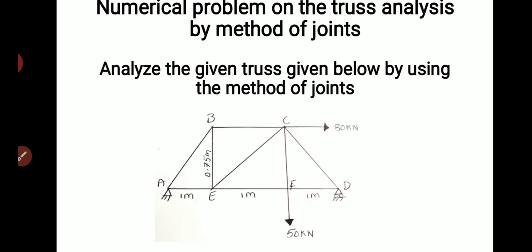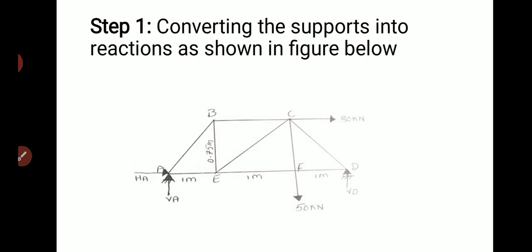So, converting the supports into the reactions, step 1: you have the two supports at A and D. One is a hinged support and another is a roller support. Here we need to convert those supports into the support reactions. As discussed in the earlier lecture series, the hinged support will have two support reactions.